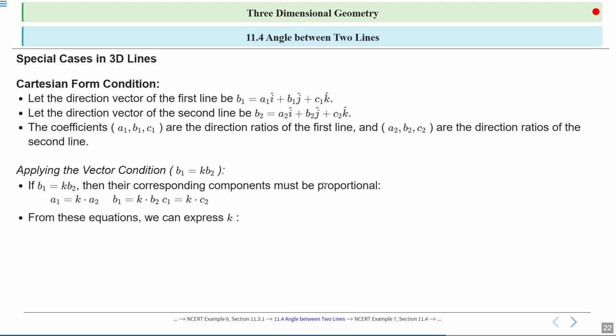From these equations, we can solve for the value of k. This means k equals a1 divided by a2, k equals b1 divided by b2 and k equals c1 divided by c2.